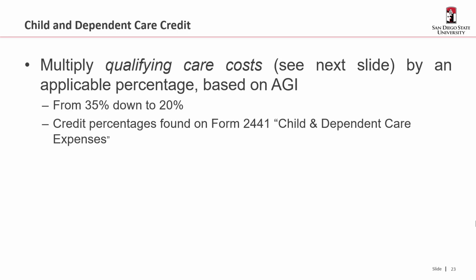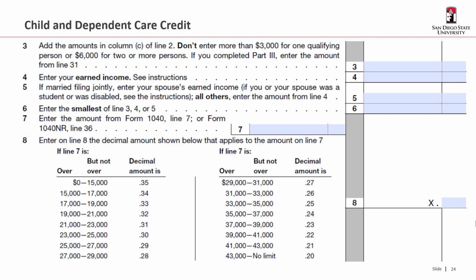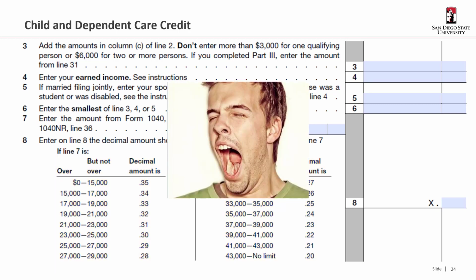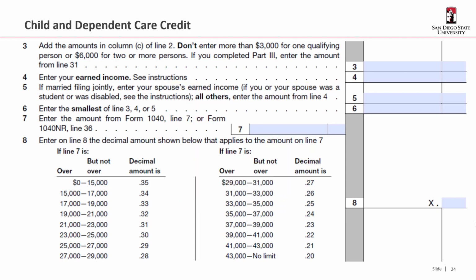And those percentages are right on Form 2441, which is the form on which you claim the Child and Dependent Care Credit. So I'm not showing lines 1 and 2. Those are basically informational lines where you're supposed to list who the child care provider was, who the dependent was, etc., etc. And you take from that the amount you paid to those qualified providers.